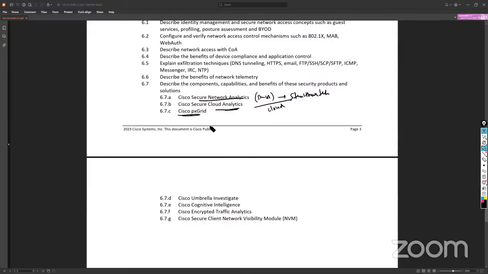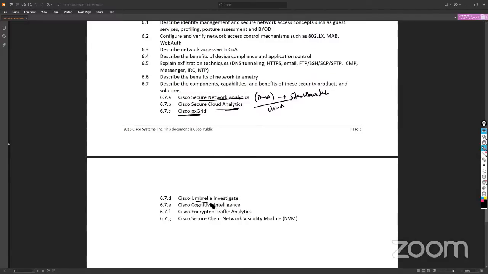This is the way that you can integrate a lot of security products together. For example, I can integrate Cisco ISE with Cisco Firewall. I can integrate ISE with something like a proxy, or I can integrate my firewall or ISE with a vulnerability scanner as well. So you should know what that is.